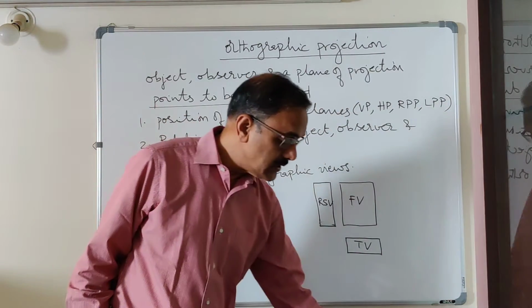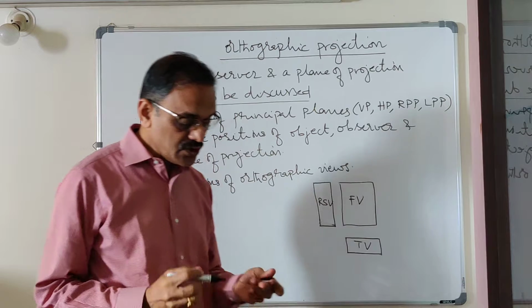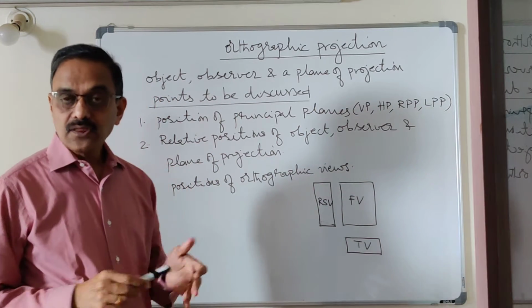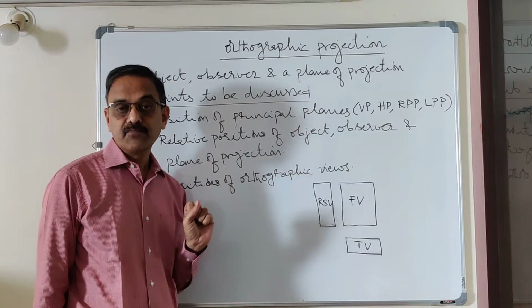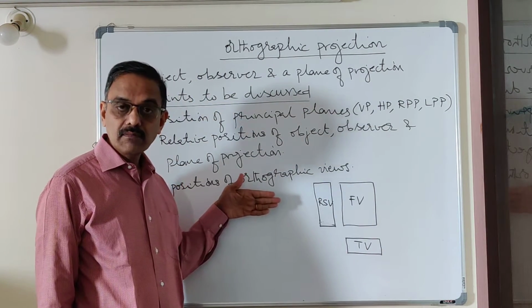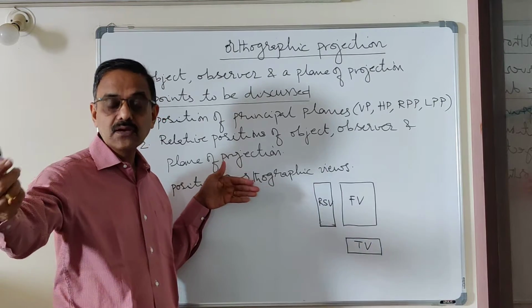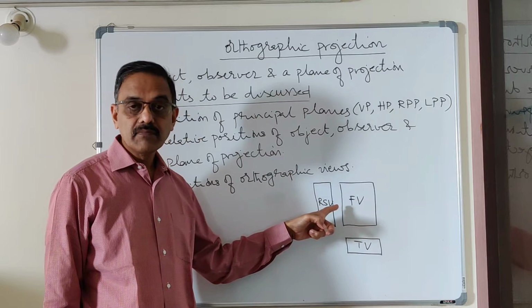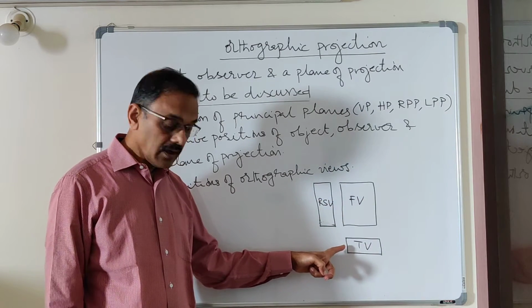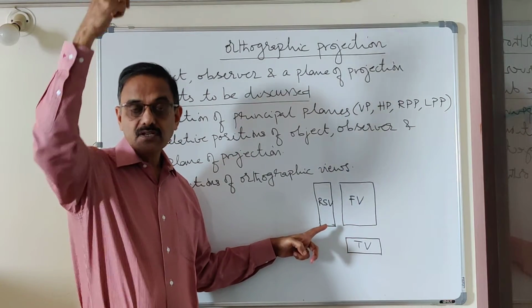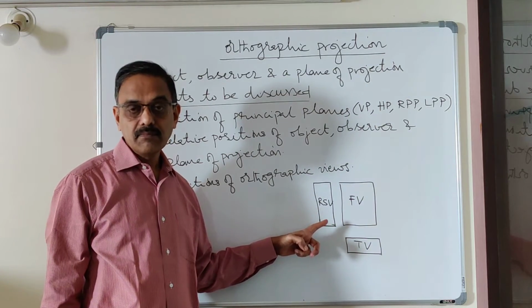So, what you got here is three different orthographic projections on three different planes for three different positions of the object. This was obtained on the front wall, and the position of the observer was in front. That's why I call it front view. Then this was obtained on the ground, on the horizontal plane, when the position of the observer was imagined to be at the top.